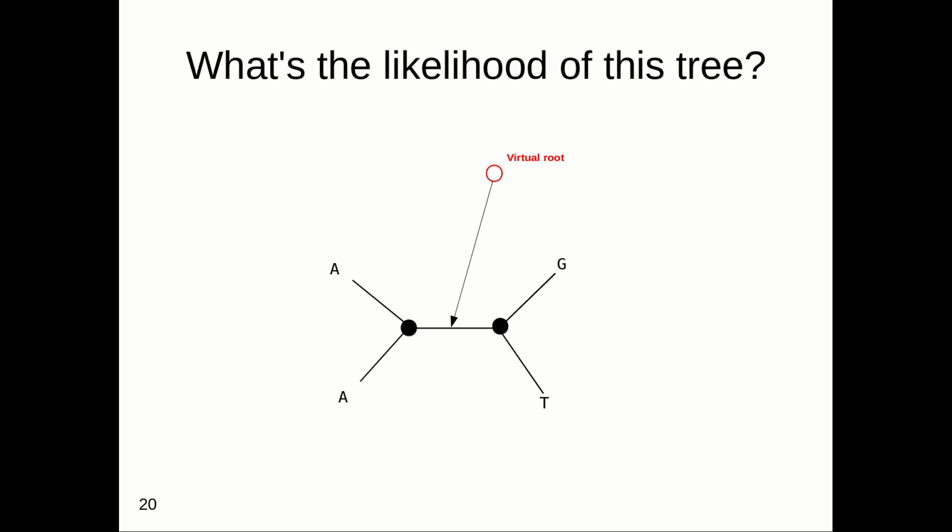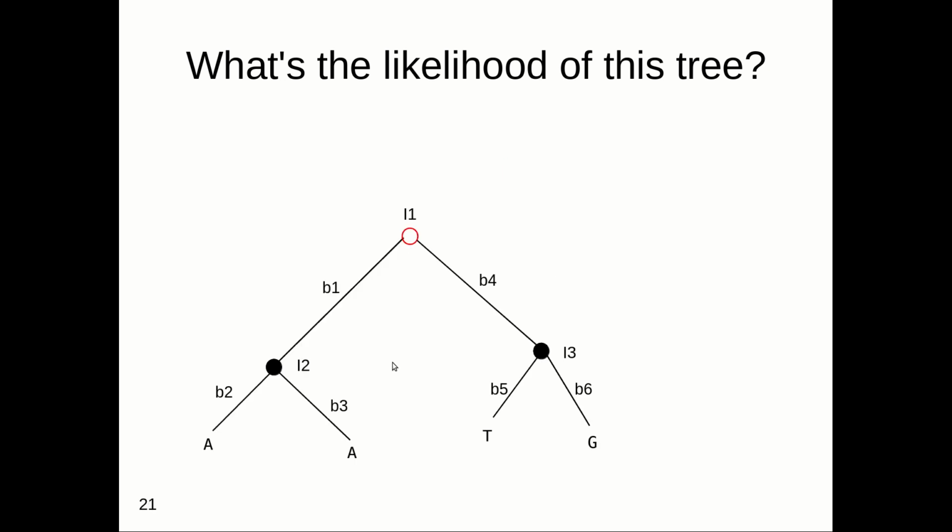First thing that we do, because we're assuming time reversibility, is that we can place a virtual root anywhere in this tree. So in any branch and at any position along that branch, so we could also have chosen this one here. We may just throw a virtual root at the tree and then drag it up like that, and now our tree looks like this.